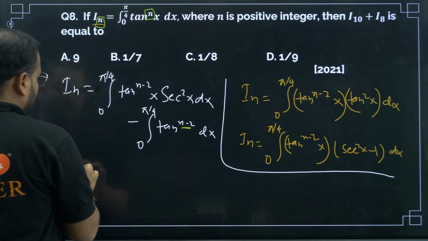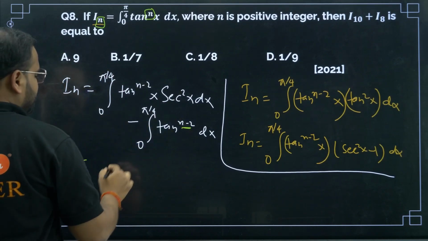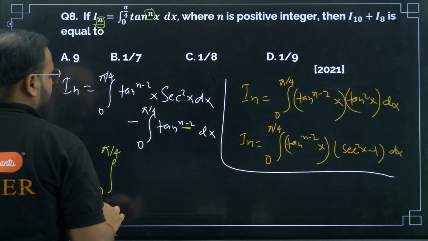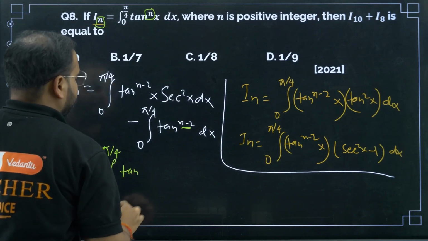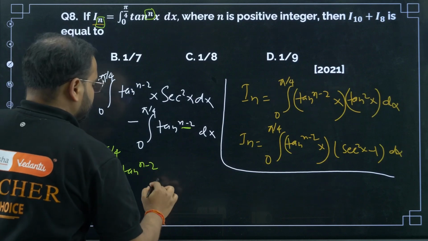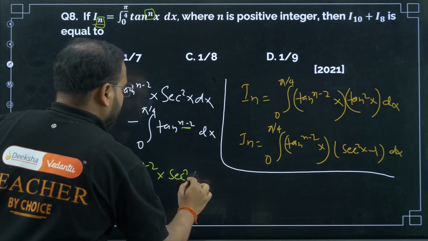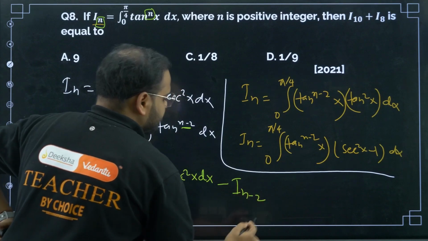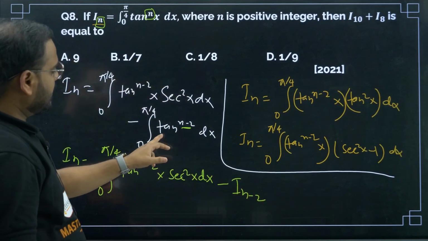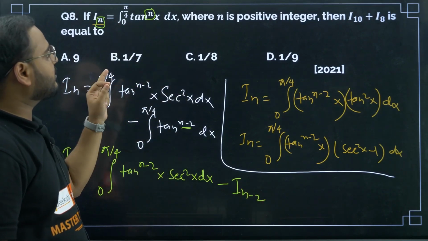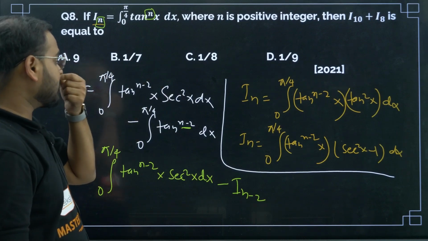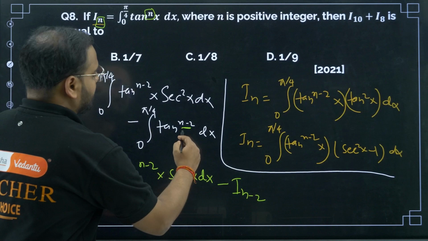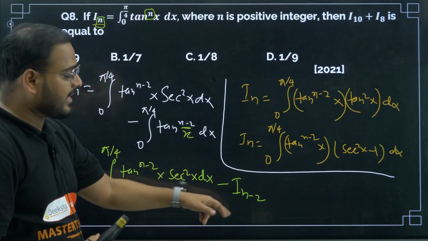So when I have n minus 2 for the tan power, it will become I n minus 2. So In equals the integral from 0 to pi by 4 of tan n minus 2 x sec square x dx minus I n minus 2. Correct. In is the integral 0 to pi by 4 of tan x power n dx, so for this power n minus 2 it will become I n minus 2.